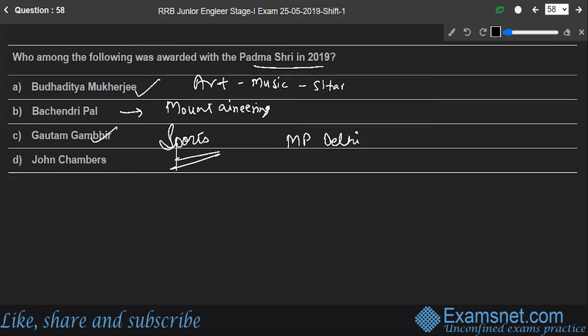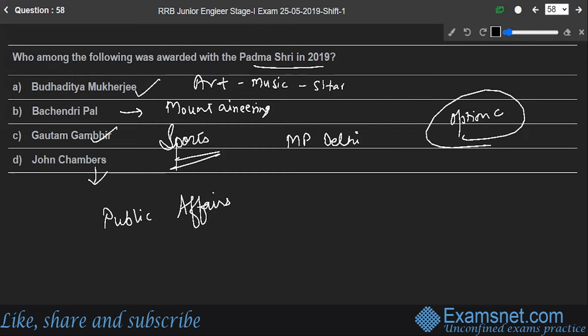And John Chambers got the Padma Bhushan in the sector of public affairs, former executive chairman and CEO of Cisco Systems, a vocal supporter of the Indian startup ecosystem. Right answer, option C, Gautam Gambhir. Hope you understood this.